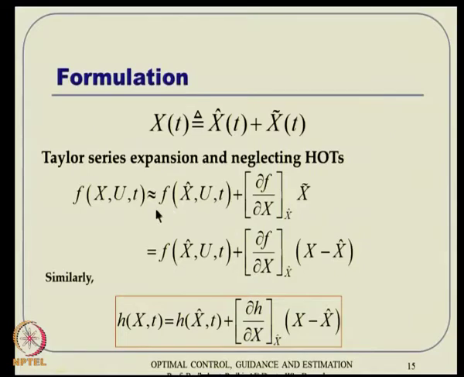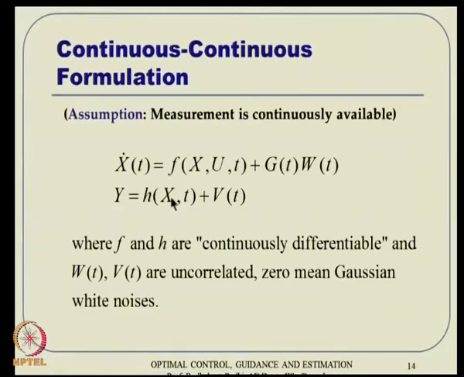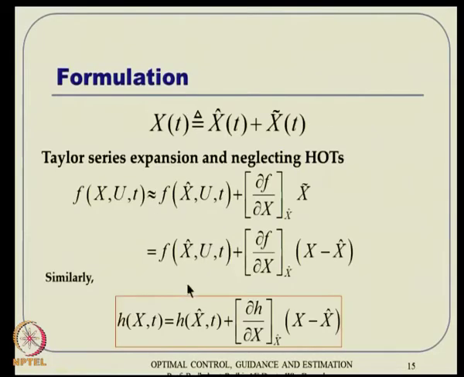The very first term will take x hat, the second term will be del f by del x evaluated at x equal to x hat, times x minus x hat, and x minus x hat is x tilde. So, this is the first term, and then this Jacobian matrix times x minus x hat. And similarly, you can write this nonlinear function also. If we expand using Taylor series, we can write it something like this.